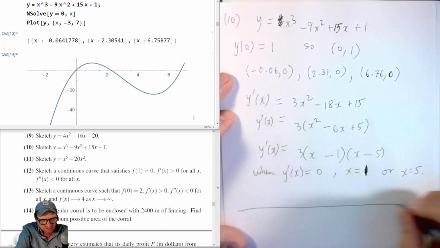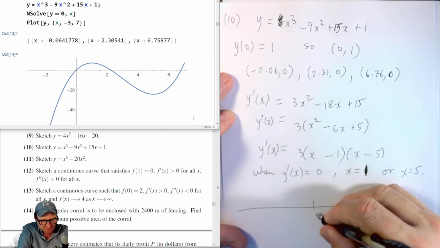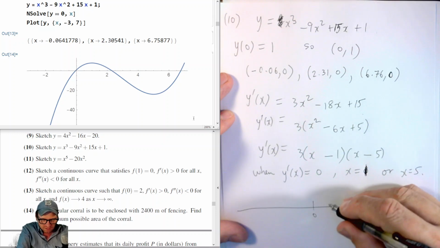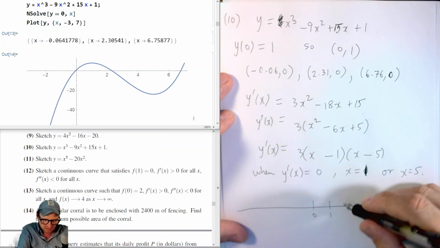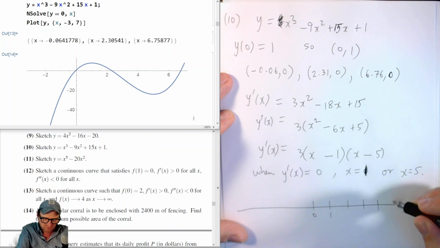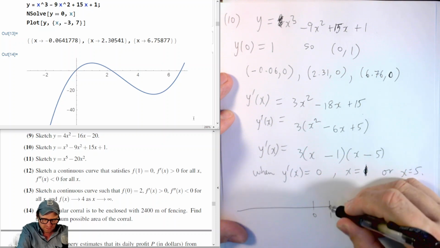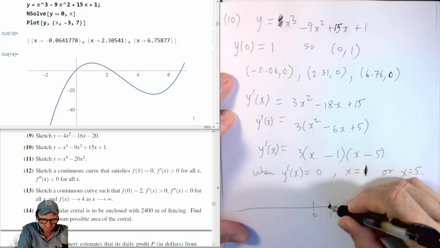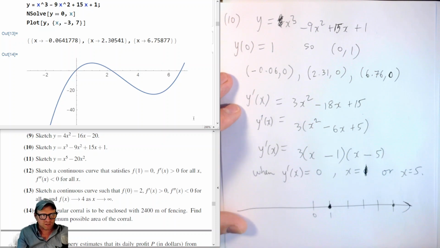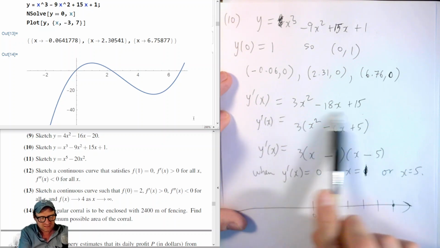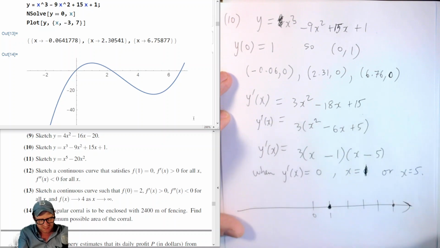Okay, but let's identify on the number line. So if 0's here, we might have 1 here, and then 2, 3, 4, 5 over here. Now, if I pick a number that is less than 1, say 0, and sub it into this, I've got 15, which is positive.